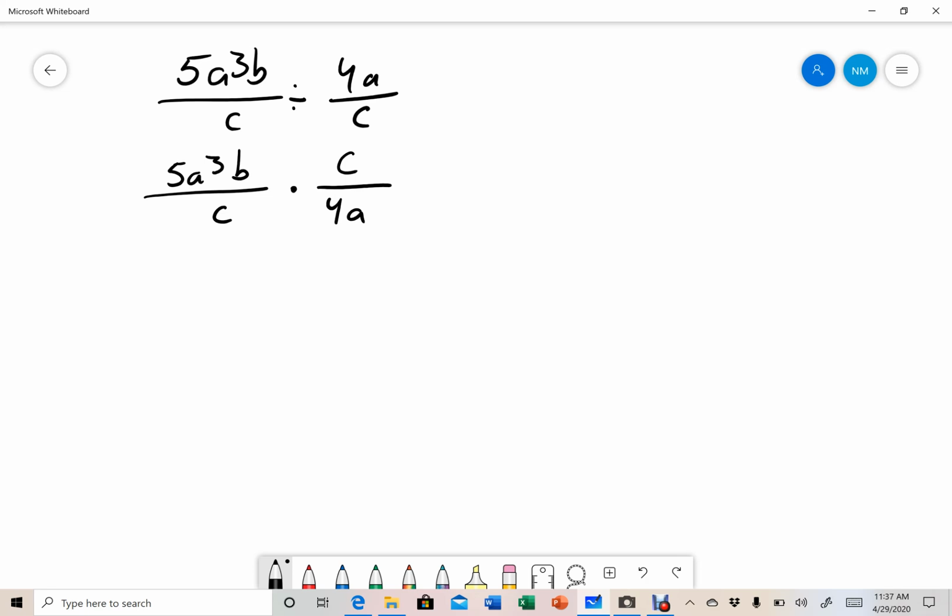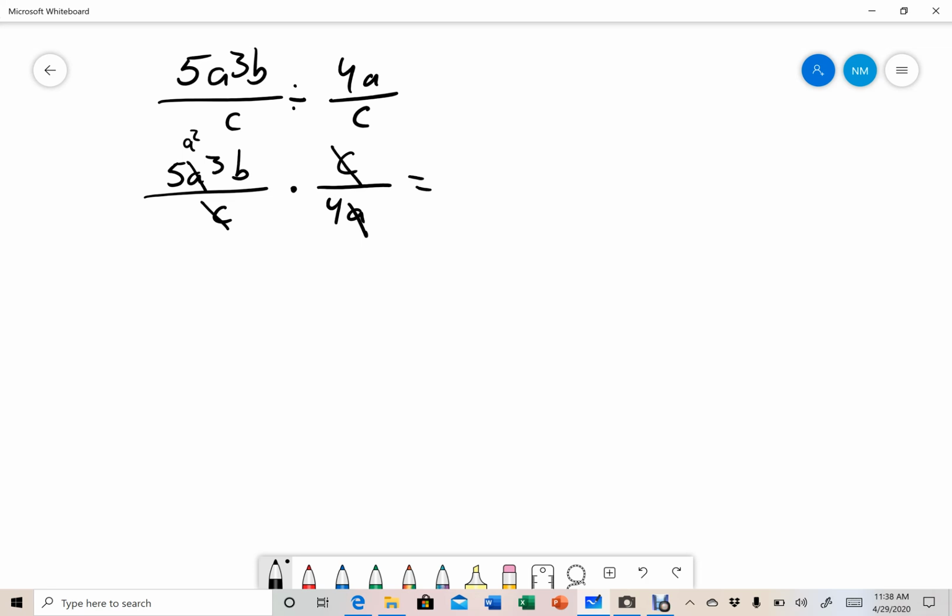So we've inverted. Our first step is to factor, if there's anything to factor. In this case, there's really not, so we just do our canceling. This a cancels out one of these a's, so I get a squared, and this c cancels out this c. So I'm left with 5a squared b over 4.